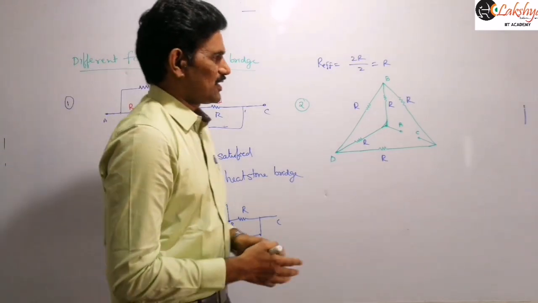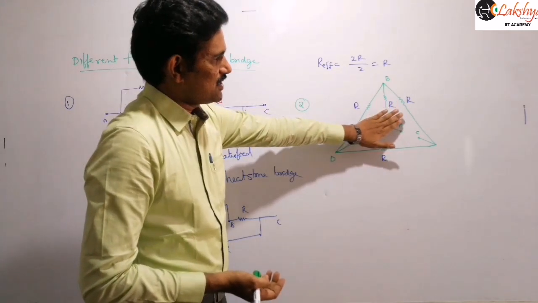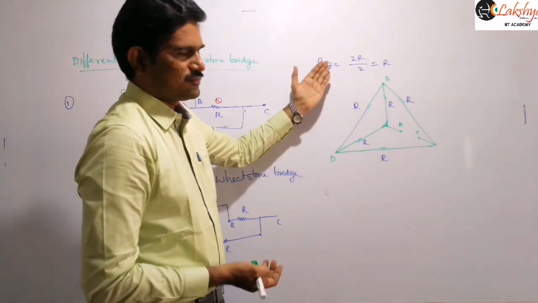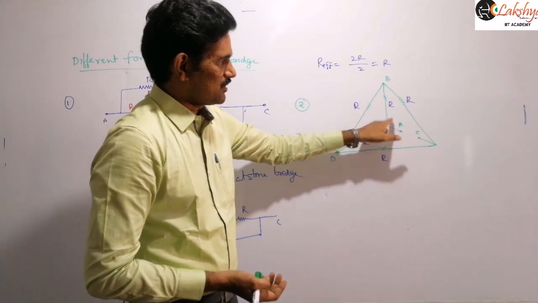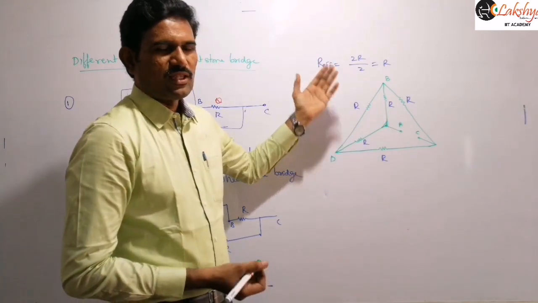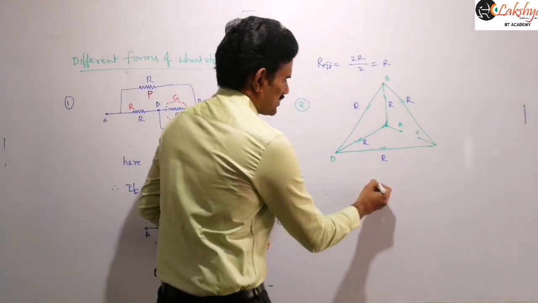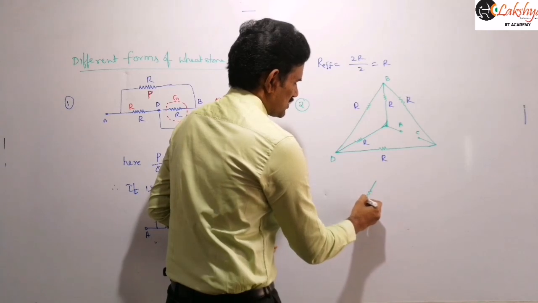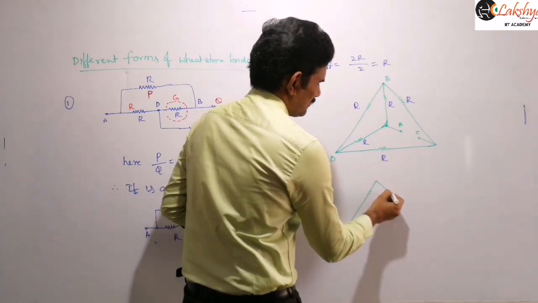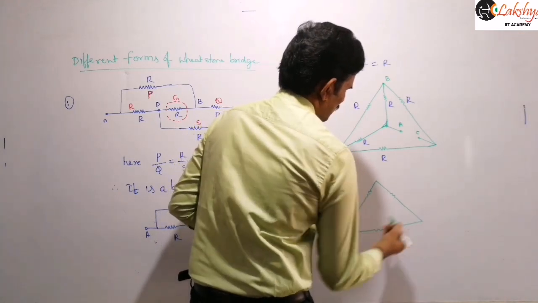And so now simply I am saying you can identify yourself. If this part of the circuit is folded to the outside, then you will get our standard Wheatstone bridge form here. That means I am drawing like this. Now this first triangular form is there like this, right?